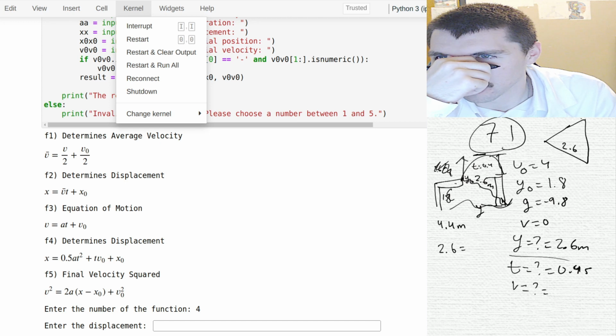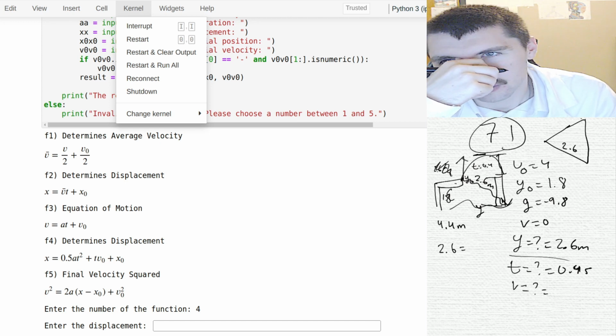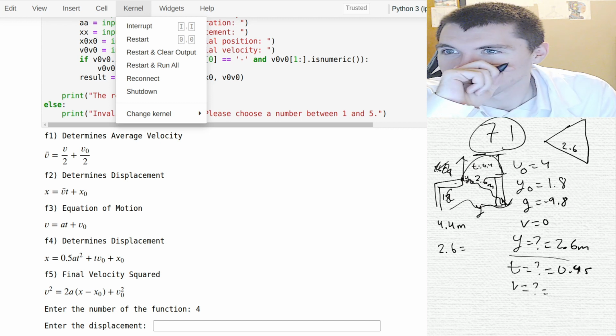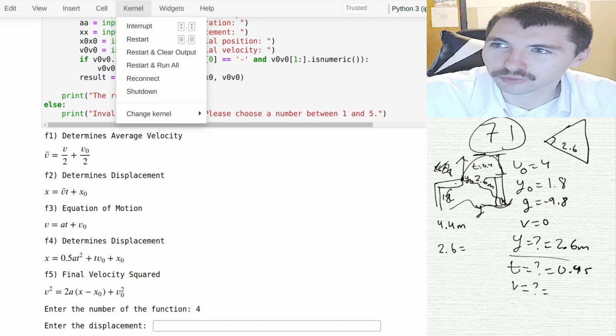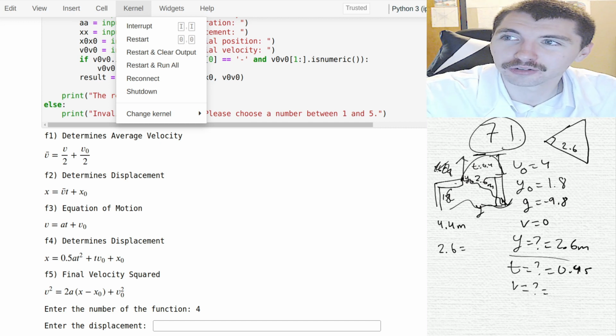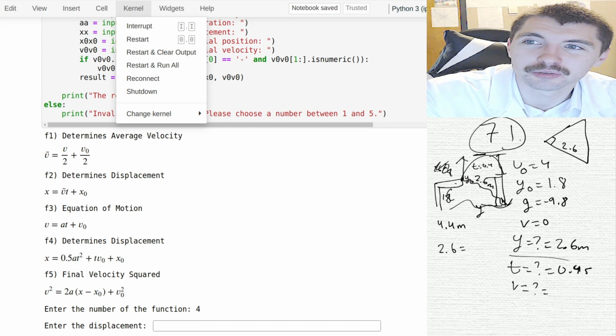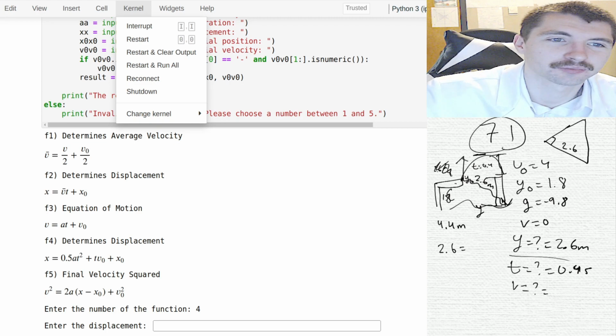It's not a right angle though. I guess I can force a right angle. Now it's a right angle. So we want to find displacement for that.